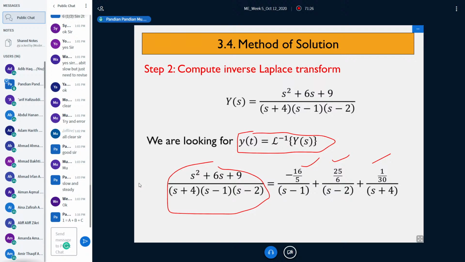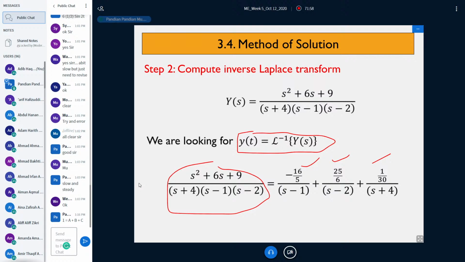So 2 multiplied by A, minus 16 over 5, plus 3 multiplied by B, 25 over 6, minus 3 multiplied by C, 1 over 30. So minus 32 over 5 plus 75 divided by 6 minus 3 over 30.